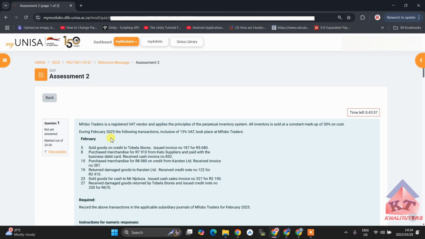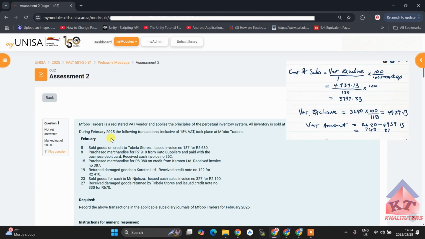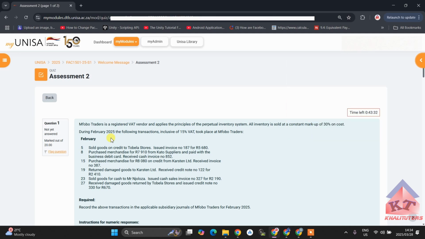Okay, remember, to calculate the VAT exclusive amount, you must multiply the given amount, which is your VAT inclusive amount, by 100 divided by 115. We are using 115 because the VAT rate in this case is 15%. Okay, with that in mind, let us read the transactions.